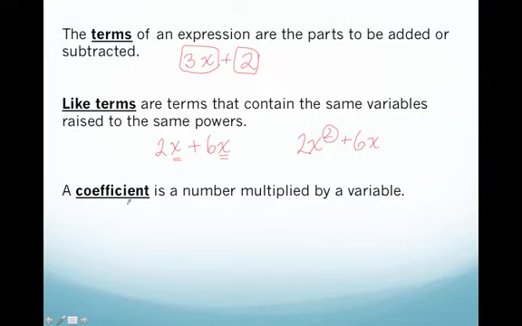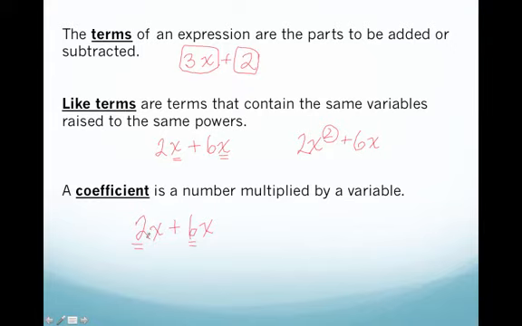Coefficient. A coefficient is a number multiplied by a variable. Okay, so coefficients, like terms, can have different coefficients. Look up above. We had 2x plus 6x. The coefficients, that's the number multiplied by the variable, 2 times x, those can be different. Okay? But obviously we can combine these.